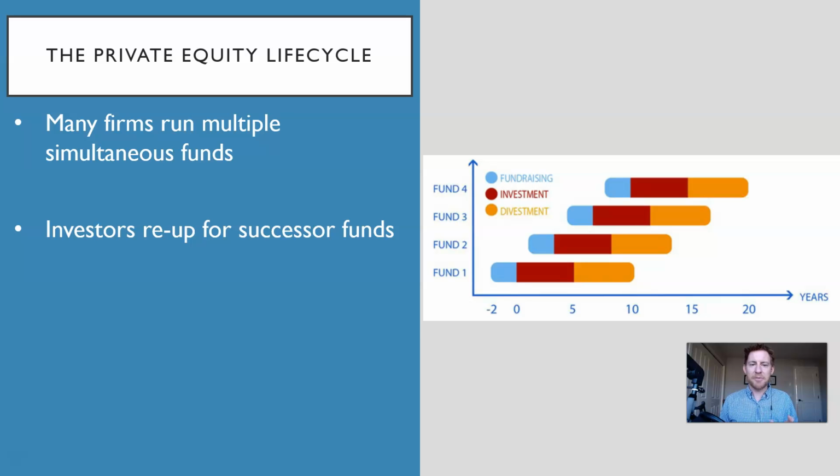It depends on what capital you have on hand. But typically, there's a life cycle where you have more than one operating at the same time, and you provide a lot of opportunities for your investors to hop in. And especially if you're performing well, your investors will be happy to give you more money so you can put it to work.